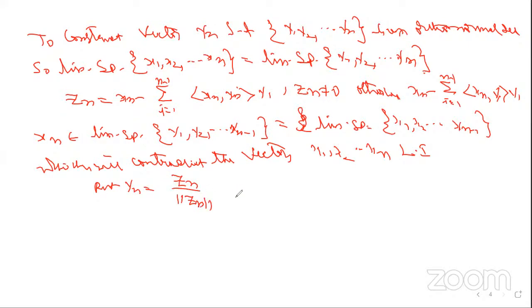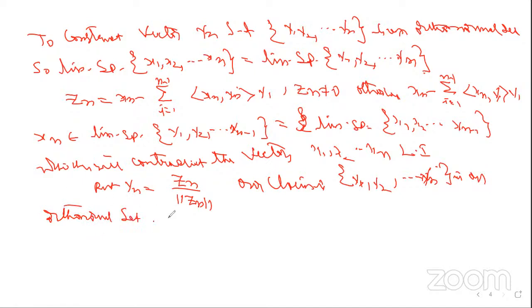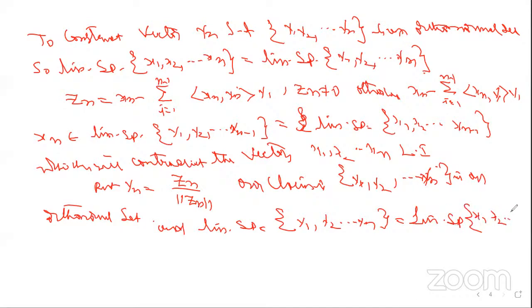Now our claim is that the set y1, y2, etc., yn is an orthonormal set, and the linear span of y1, y2, etc., yn equals the linear span of x1, x2, etc., xn.